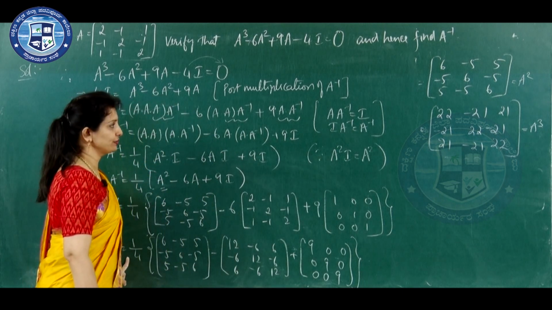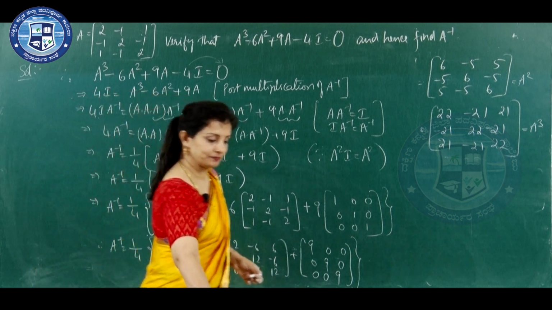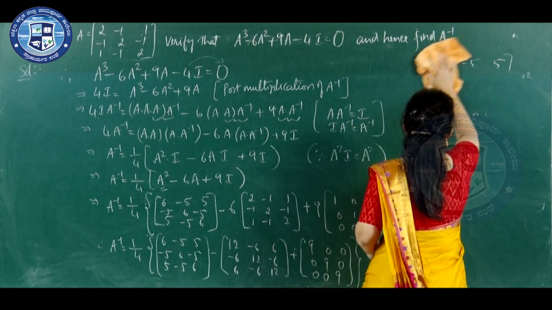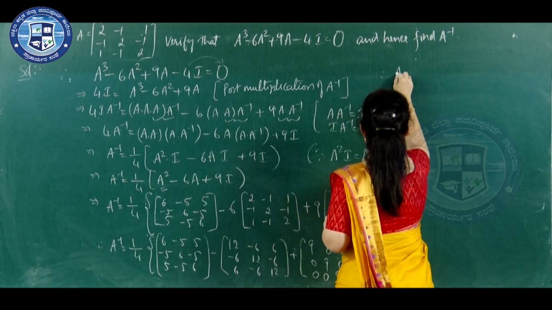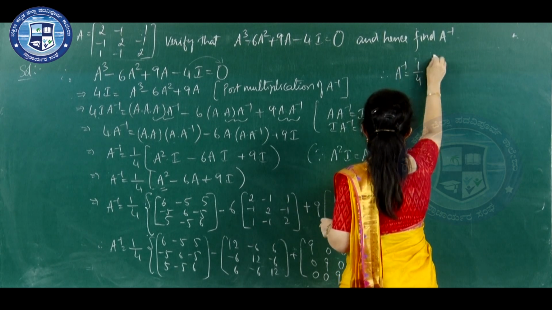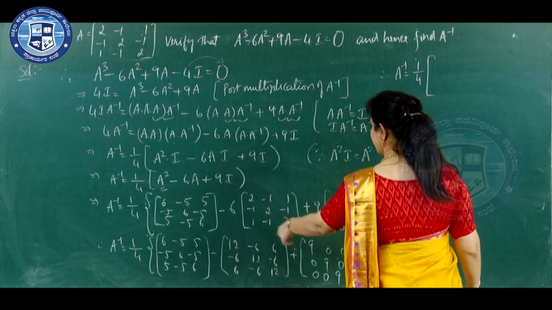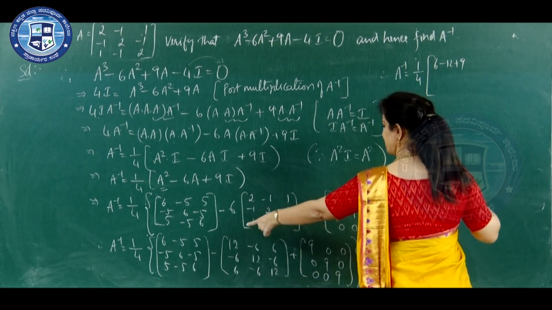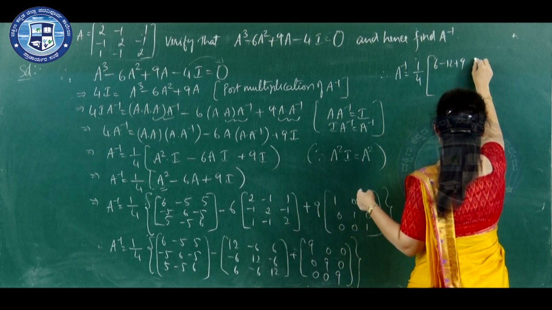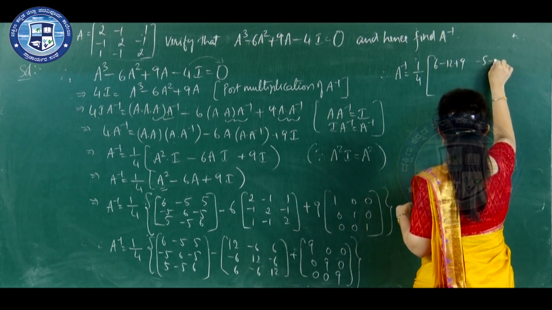Therefore, A inverse equals 1 by 4 into 6 minus 12 plus 9, and the next element minus 5 plus 6, since minus 5 minus of minus 6 is plus 6.